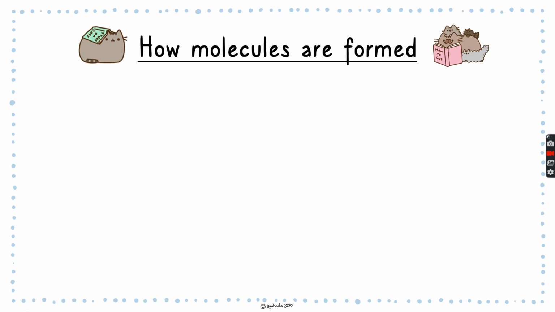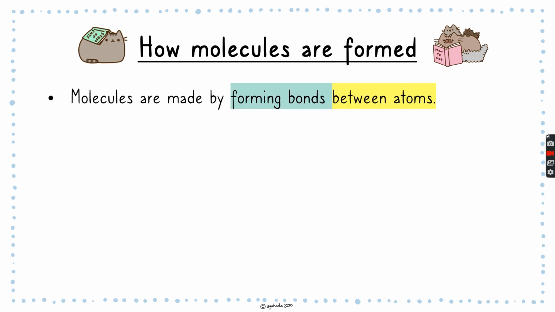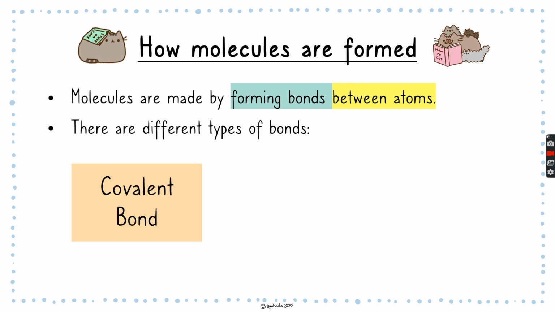So molecules are formed by having these things called bonds. When you have bonds between each atom, and then they form a molecule, you call those things that join them up together bonds, and there are different types of bonds actually.